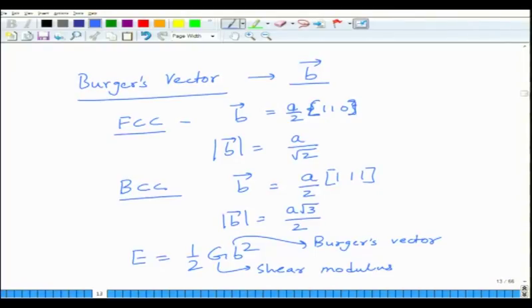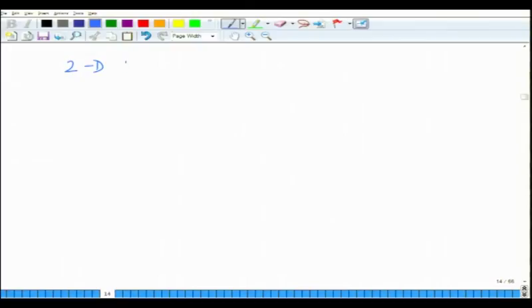So this is how you analyze dislocations in the material. These are all 1D defects, and in the next class we will look at the third category of defects which are called 2D defects, which are basically surfaces. Okay. So this we discuss in the next lecture, which is the final lecture of this course.